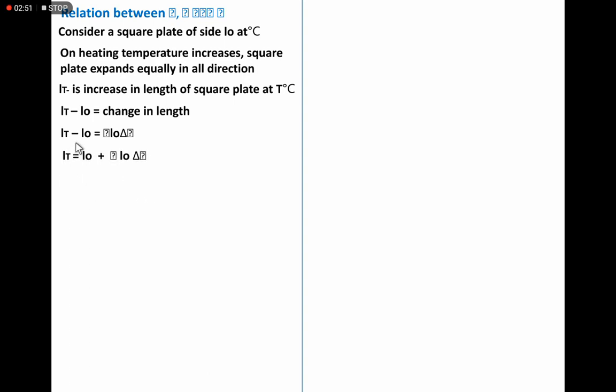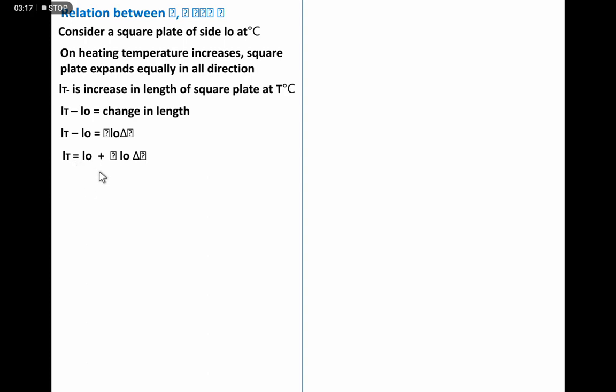Now we write L naught on the right hand side, so our equation becomes LT equals L naught plus alpha L naught delta T. In the previous lecture these equations are proper, but here is some technical problem.